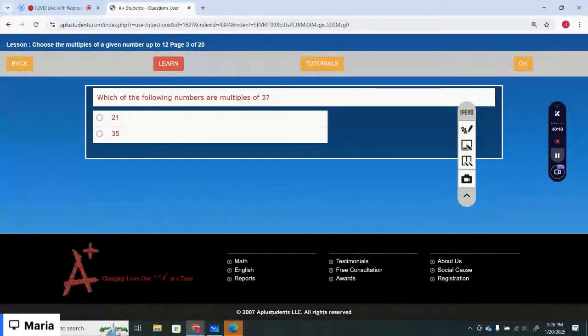Which of the following numbers are multiples of 3? Which is the correct option? That is 21. Option number 1 is the correct option.